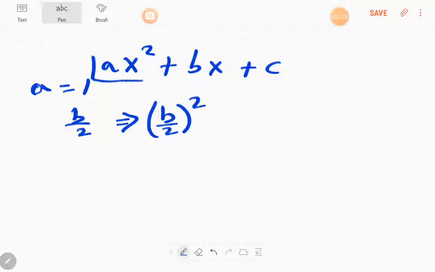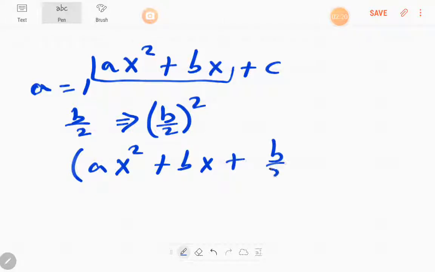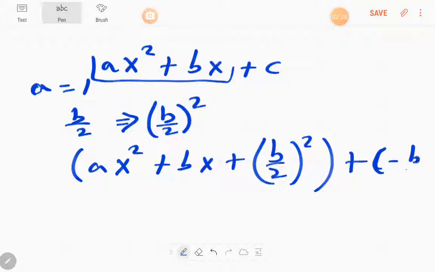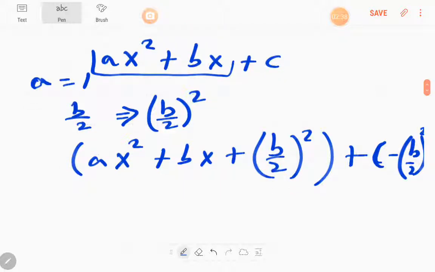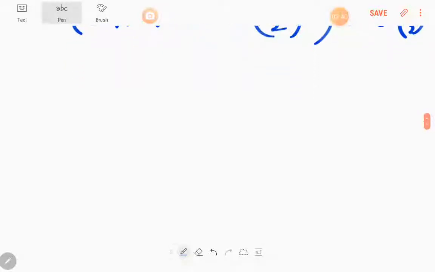So these first two terms we can put into parentheses, x squared plus bx, and then we'll add in that b over 2 squared, and then from c we'll subtract b over 2 squared to keep the equation true.